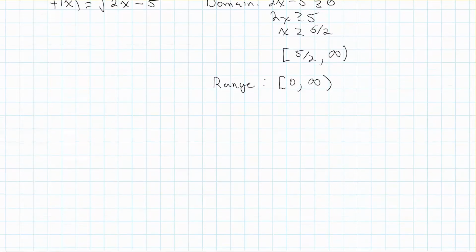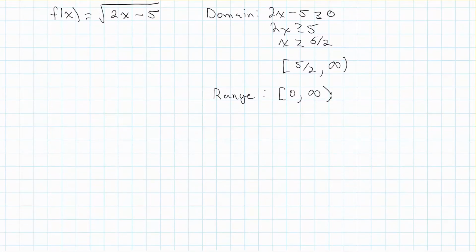Okay, so let's find the inverse. So we have f of x is equal to the square root of 2x minus 5. Then you'd have y is equal to the square root of 2x minus 5. Then we swap x and y. So we have x is equal to the square root of 2y minus 5. And then we're going to solve it for y.